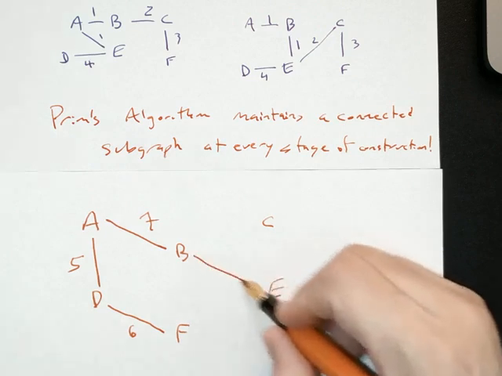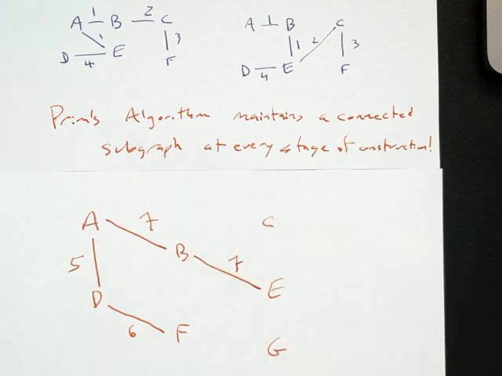Which also has a weight of, I've added a new edge. I've added a new vertex to my list of vertices I can work from. Next lowest edge connected to one of those vertices, which has a weight of 5.